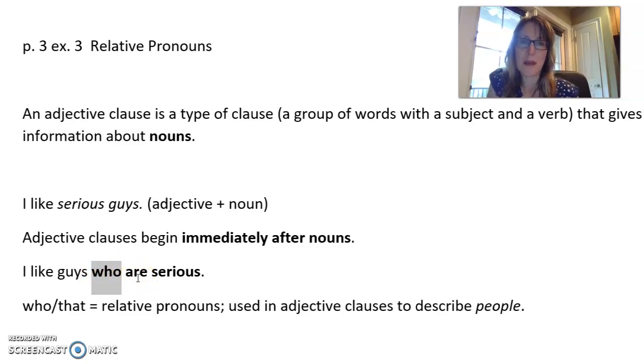There's another type, so just remember that. When the relative pronoun is the subject of the clause and the noun is a person, we use who or that, and they mean the same thing. So let's go back to the page in the book.